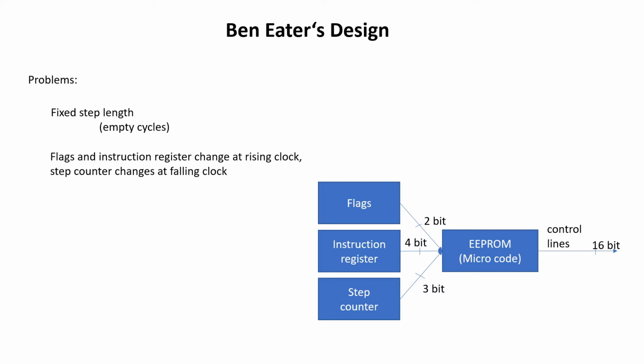And that means that there is no stable time for the address lines during up or down clock, and that might lead to problems if a control line changes during the high time of the clock.